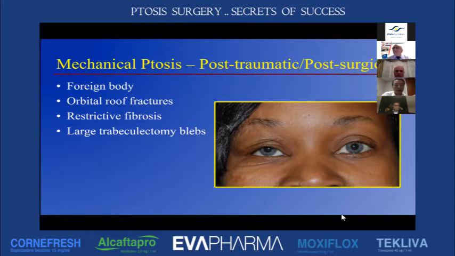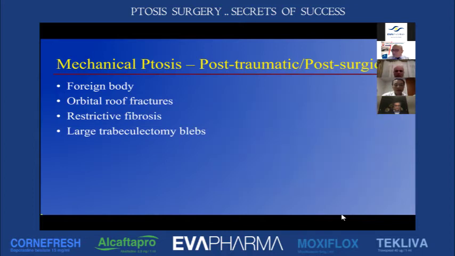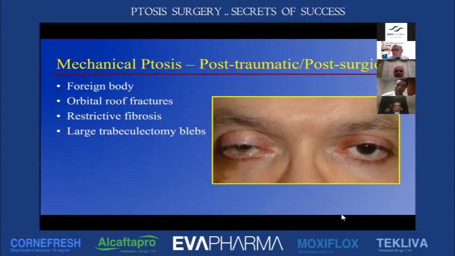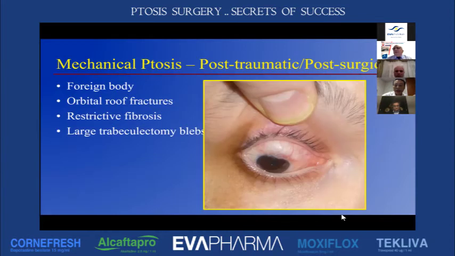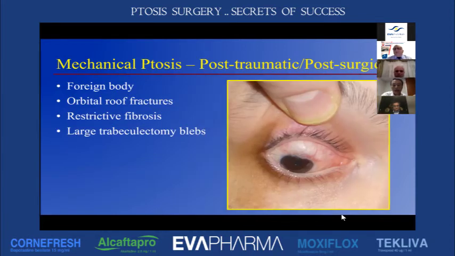Restrictive, this is a patient who had prior trauma with fibrosis of the eyelid and cicatrization of the eyelid, causing a mechanical ptosis of the right upper eyelid. And this is what I actually see pretty frequently now from my glaucoma specialists. They're creating these very large trabeculectomy blebs that you can see here, and the size and the elevation of that bleb prevents the eyelid from elevating adequately, so resulting in a mechanical ptosis of the eyelid there.